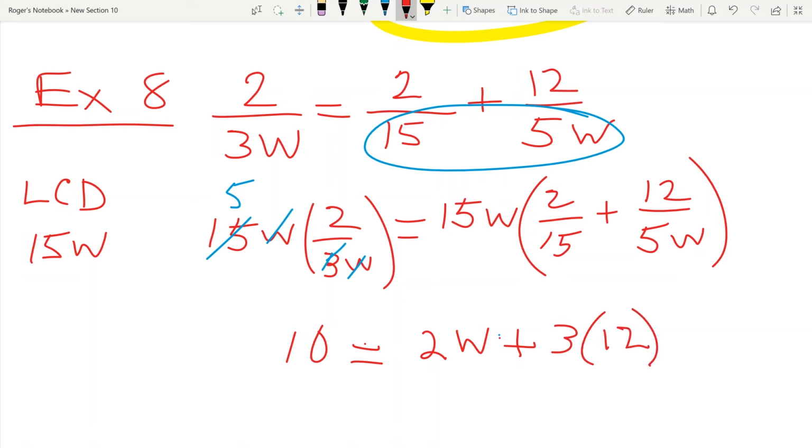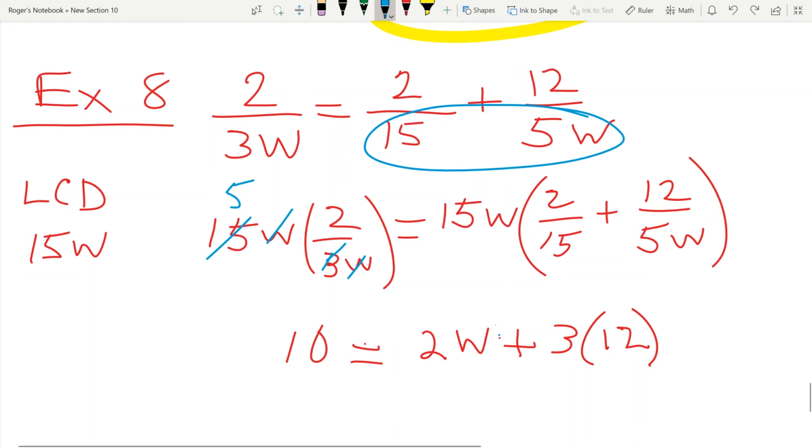Think about that for a little bit. 5 goes into 15. 5 goes into here once. 5 goes into here 3 times. The W's cancel. So you have 3 times 12 left. Get rid of all those cancel marks because, remember, it's distributive property.